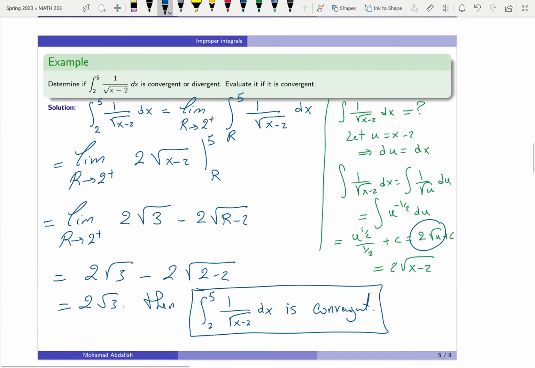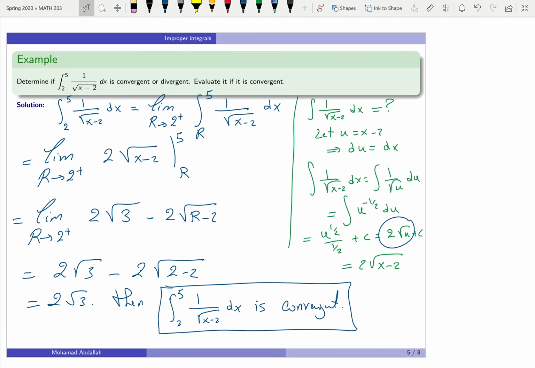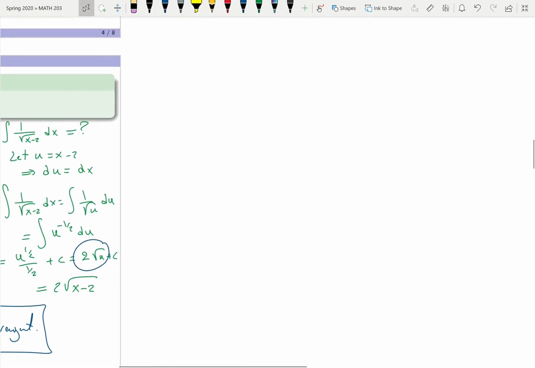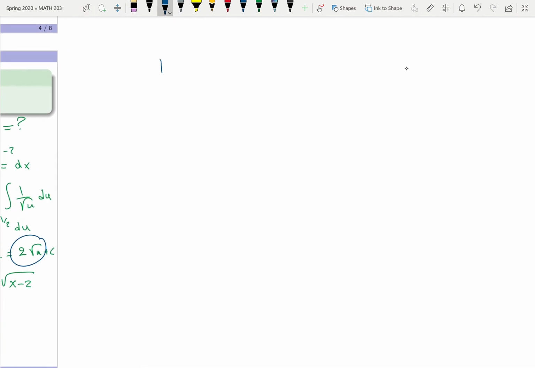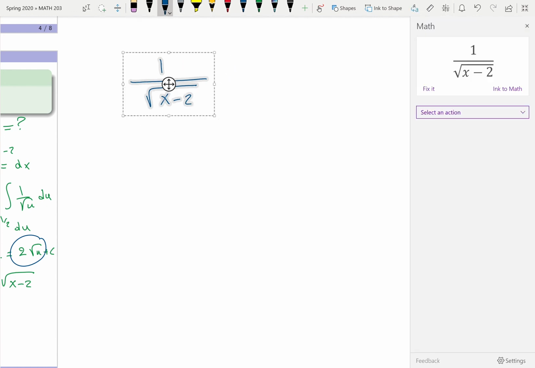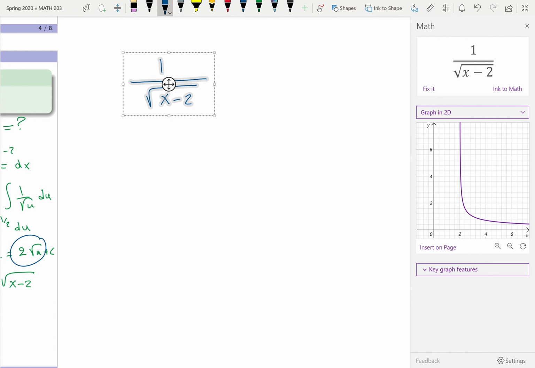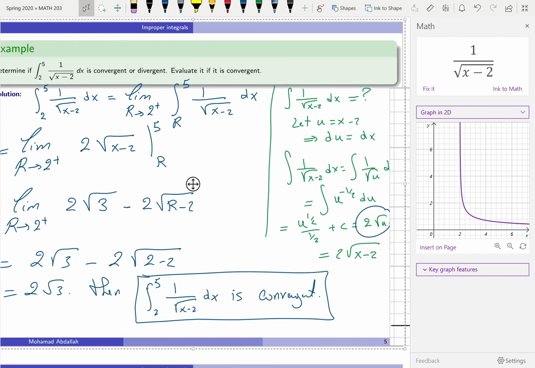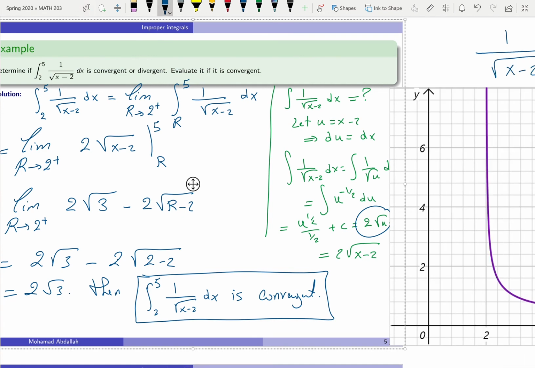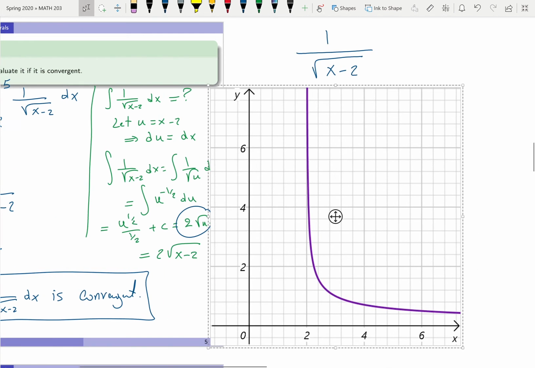Okay, well, what does this mean graphically? Let's take a look at the graph of 1 over radical x minus 2 first. Okay, so this is how the graph looks.